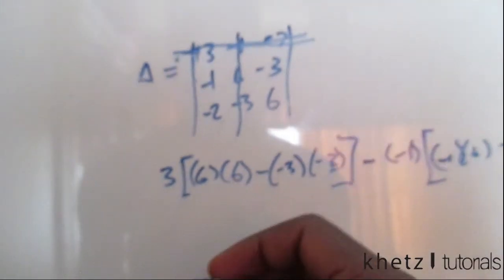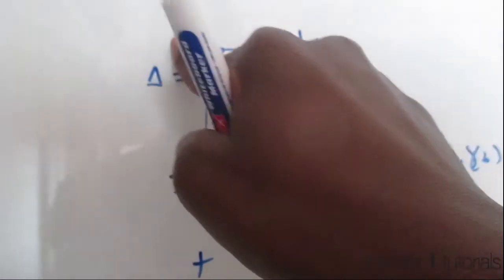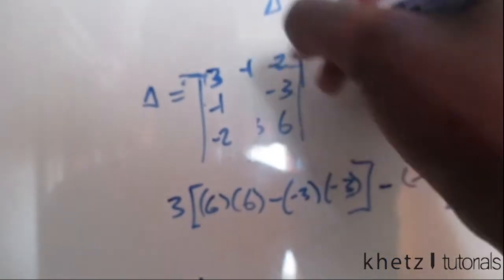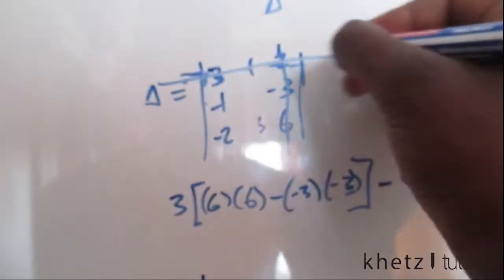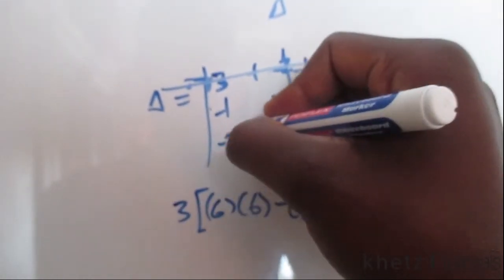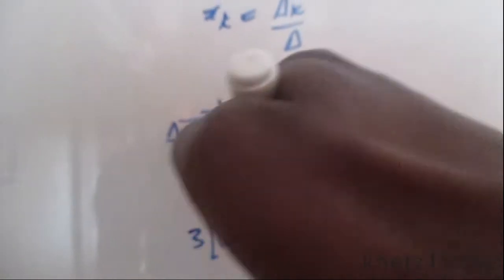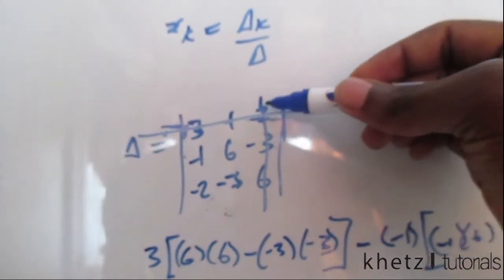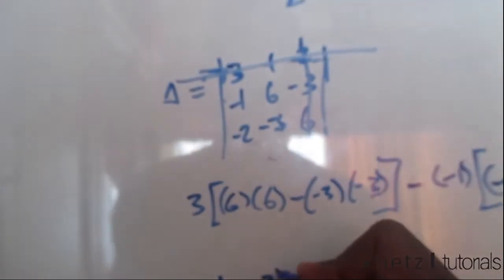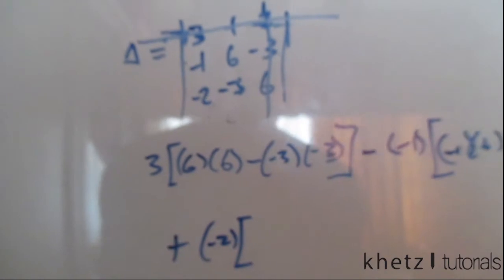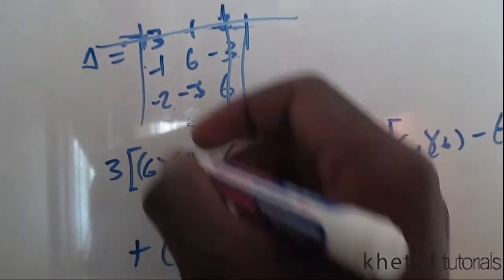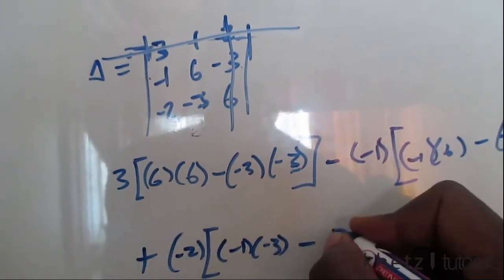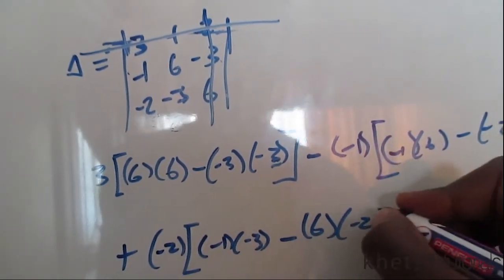And now finally, you say plus, and you cross out the last part of the matrix. You're going to have this smaller matrix remaining. Now, at the point of intersection, you have minus 2, so plus minus 2, multiplied by minus 1 multiplied by minus 3, minus 6 multiplied by minus 2.